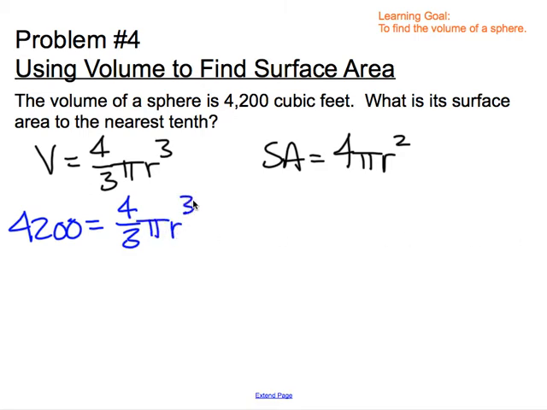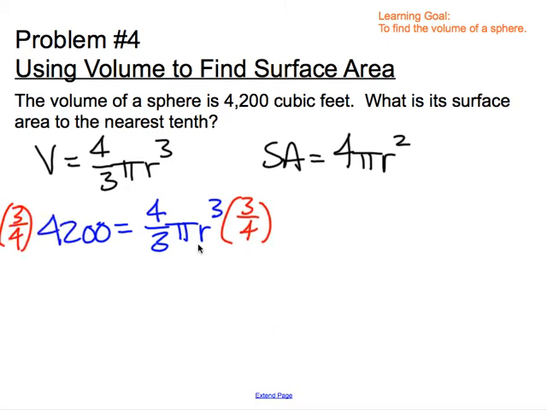So here I want to get the r cubed by itself. So I'm going to go ahead and multiply both sides of this by 3/4. By doing this, the 4/3 and the 3/4 cancel. 3/4 of 4,200 is 3,150, and so that equals pi times the radius cubed.